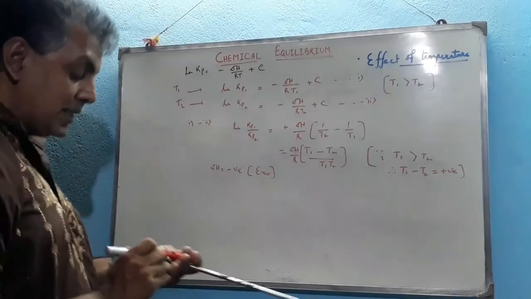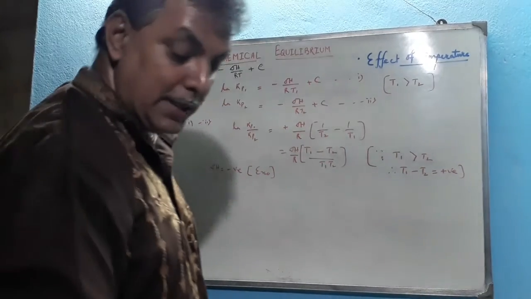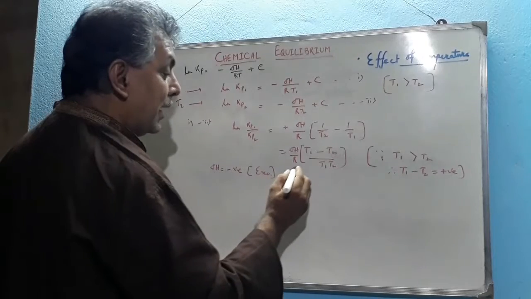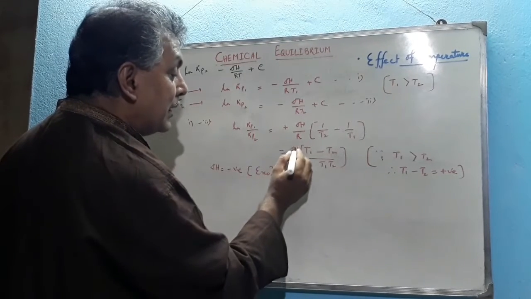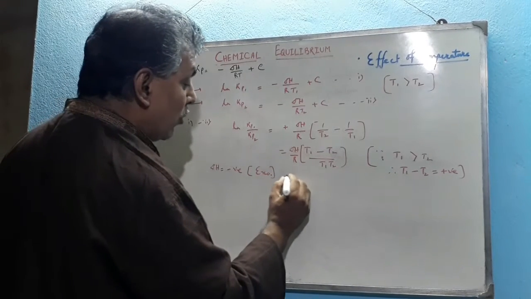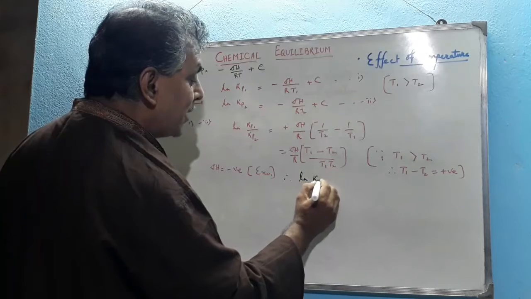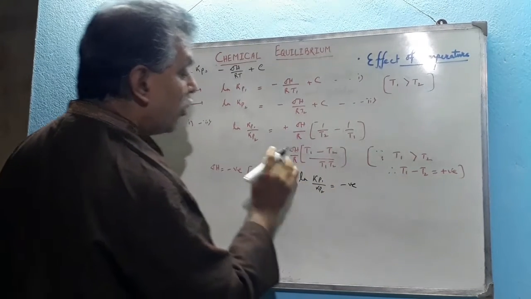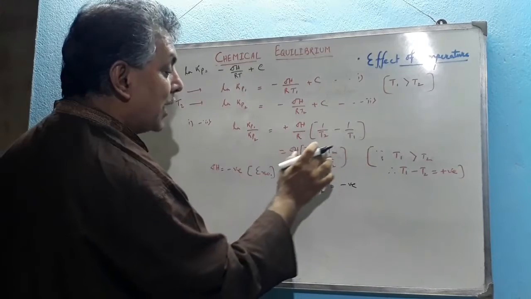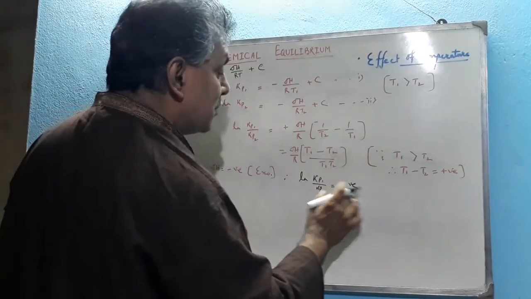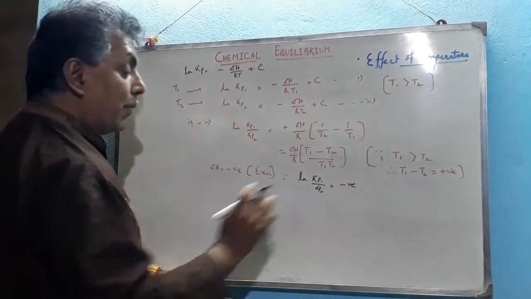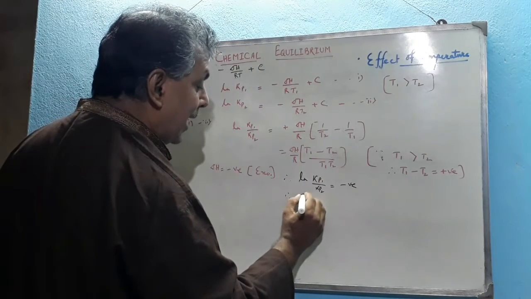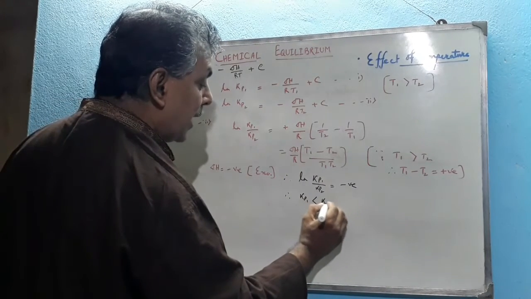If the reaction is exothermic, then ΔH becomes negative. Hence, we can say that in the above expression, ln Kp1 by Kp2 becomes negative, because a negative multiplied by a positive is also negative. So ln Kp1 by Kp2 is negative. Therefore, we can say that Kp1 is less than Kp2.